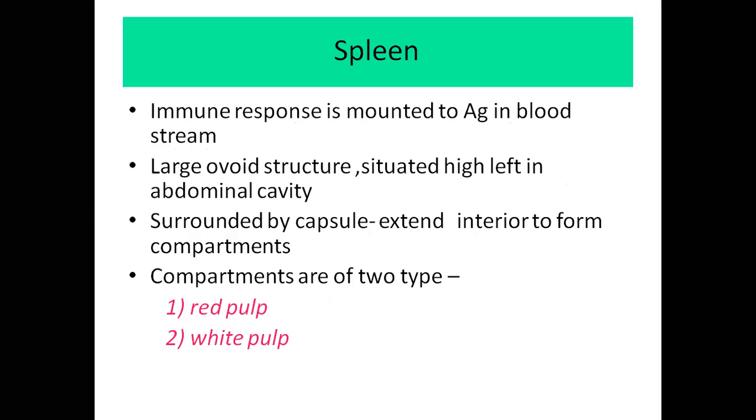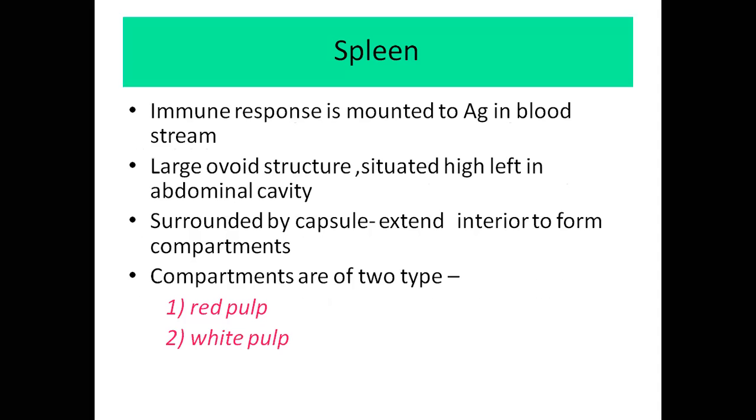Then comes the spleen. I hope you all have heard about this organ, the spleen, before. So what is the function of the spleen? The spleen is an organ which is related with immunity. Immune response is mounted to antigen in the bloodstream.